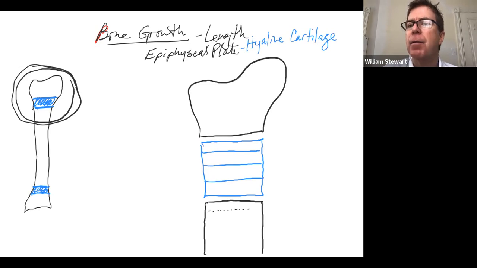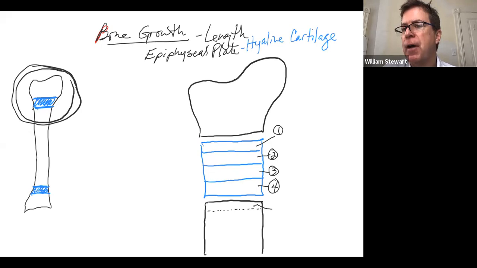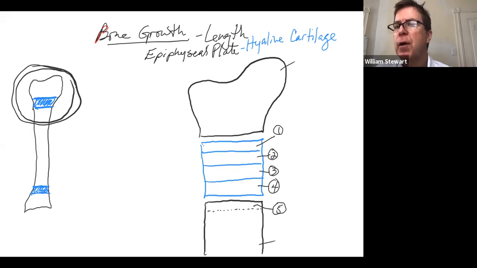And we're going to just label these 1, 2, 3, 4. That's actually in the growth plate or the epiphyseal plate. And the fifth zone that we're going to define is at the top of the diaphysis. So this is bone, this is bone, this is hyaline cartilage. And here's how a growth plate works.